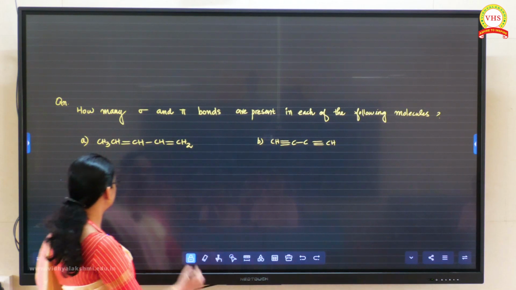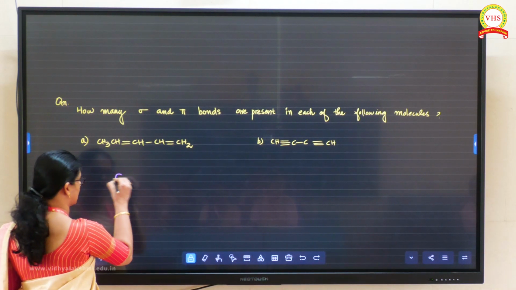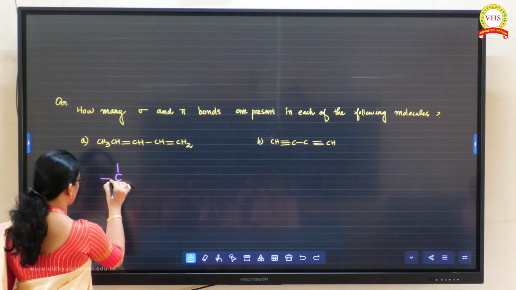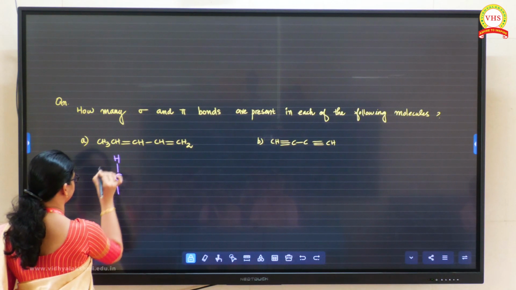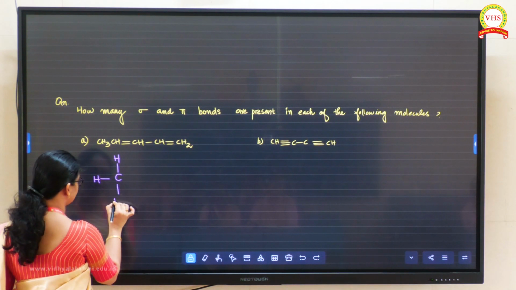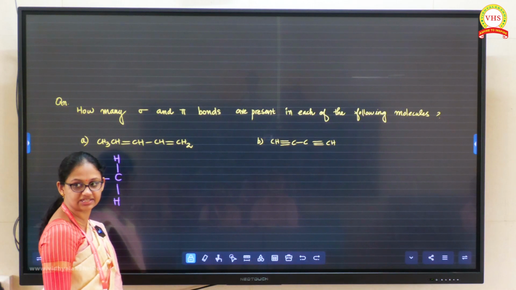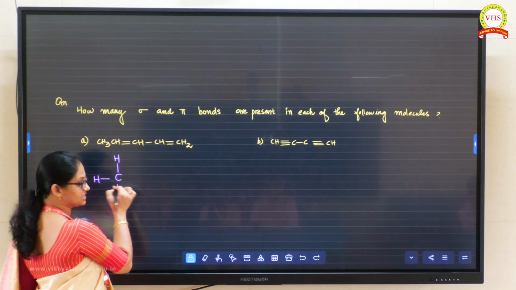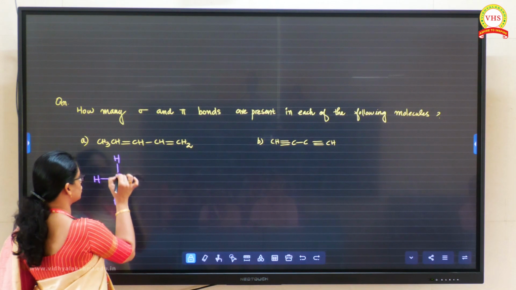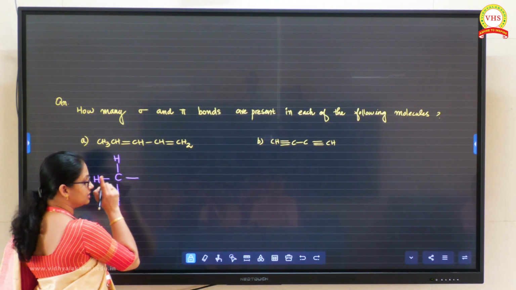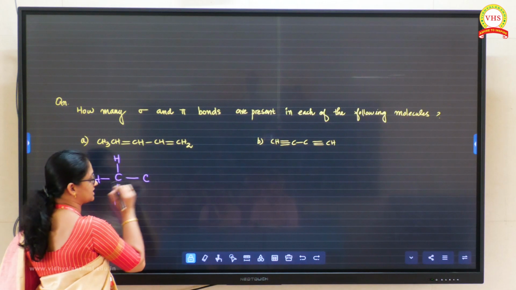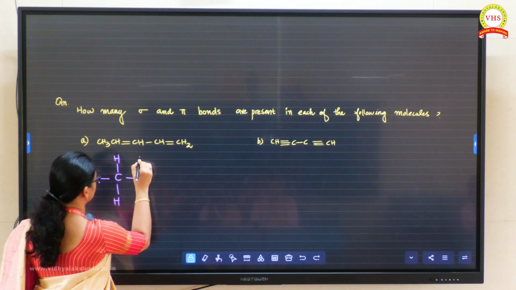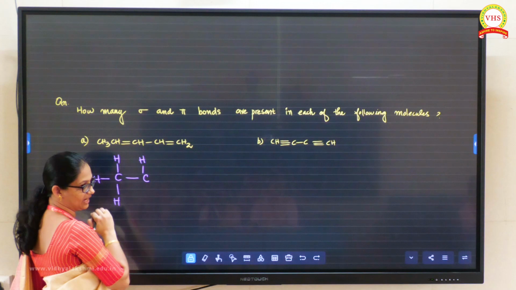Clear? Okay. So CH3, the first carbon, surrounded by how many hydrogen atoms? Three hydrogen atoms. This is a CH3. Three valencies are already satisfied, so it will make only a single bond with the second carbon atom. Here how many hydrogen atoms are there? One hydrogen.